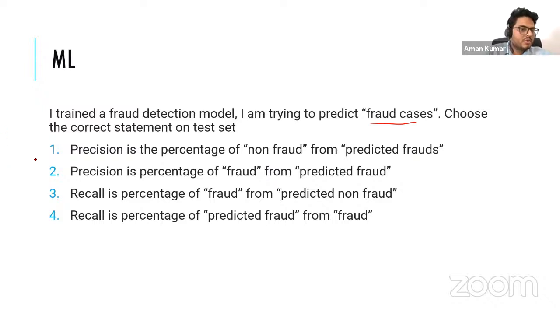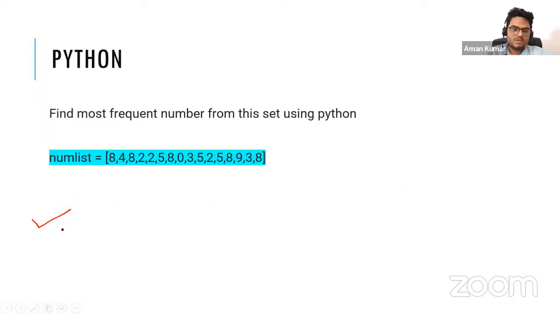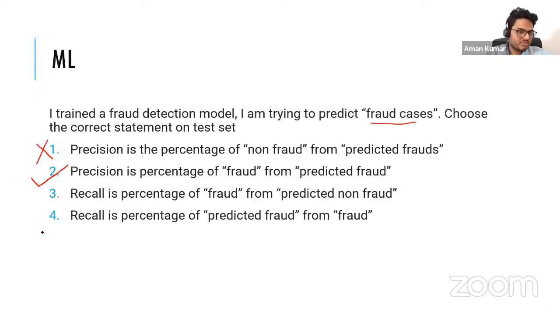Okay, so do you say one is correct or incorrect? Nobody has chosen one yet, so I'm saying one is a cross. Many people are saying two, so I'm saying two is correct. Now 3 and 4, what do you say? Many people are saying 4 is correct, so let me say 4 is correct.